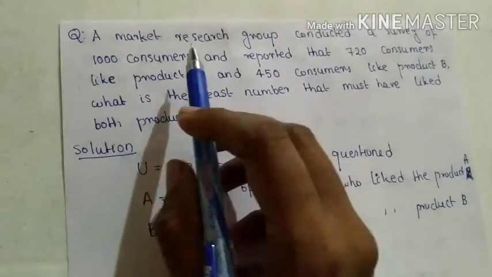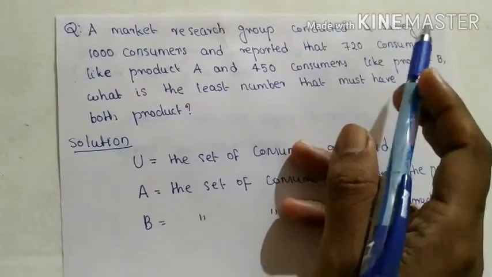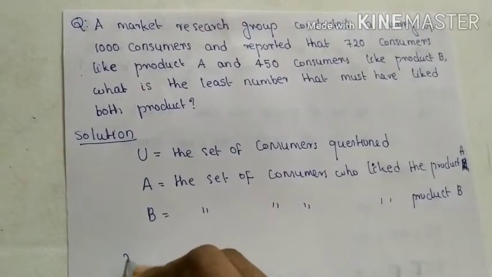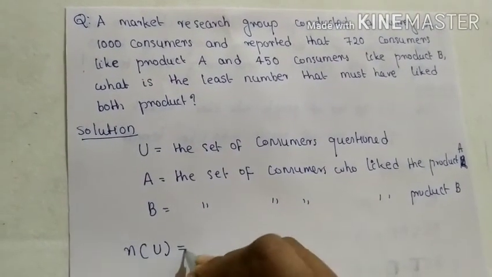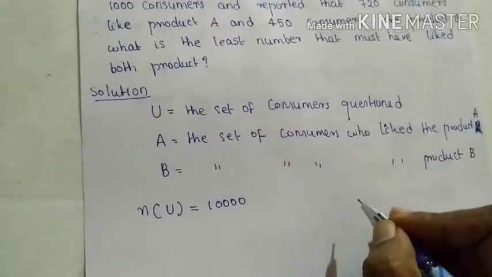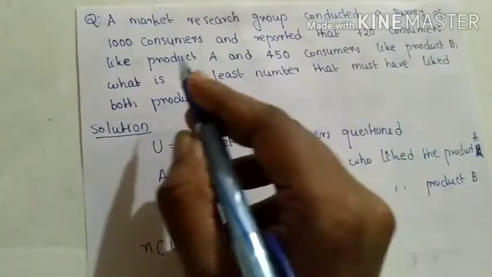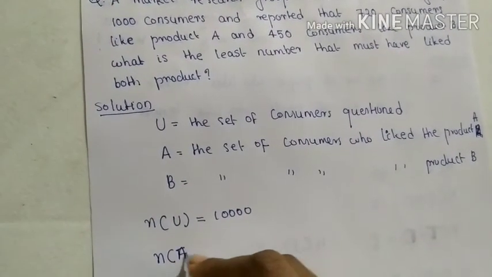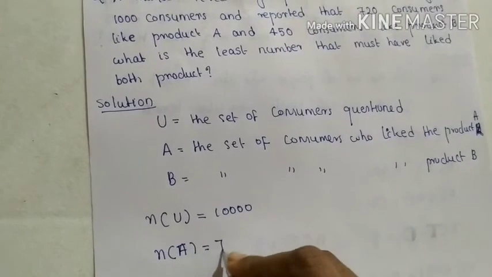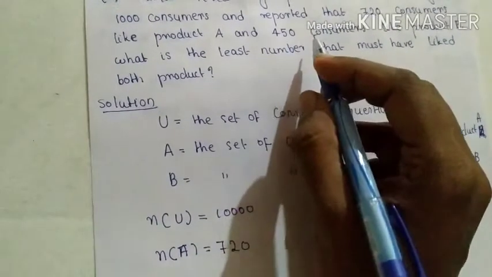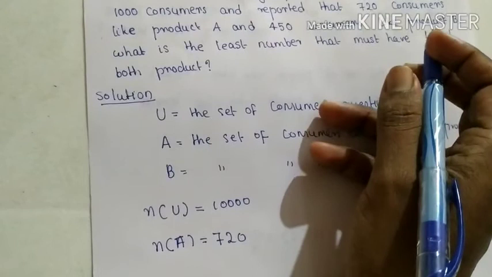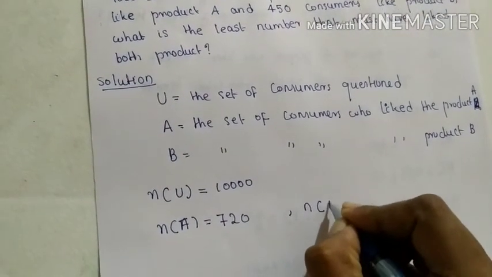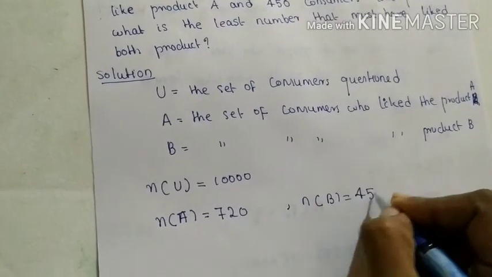Given that a market research group conducted a survey of 1000 consumers, that means n of universal set is equal to 1000, and reported that 720 consumers like product A. That means n of A is equal to 720, and 450 consumers like product B. Also given n of B is equal to 450.